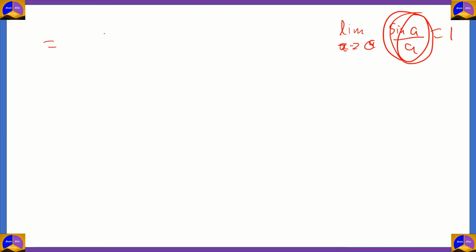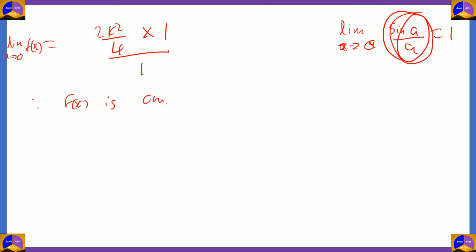So now we get 2k squared by 4 times 1 divided by 1. So this is the value of limit x tends to 0 f of x. Now since f of x is continuous, we will now apply that property.